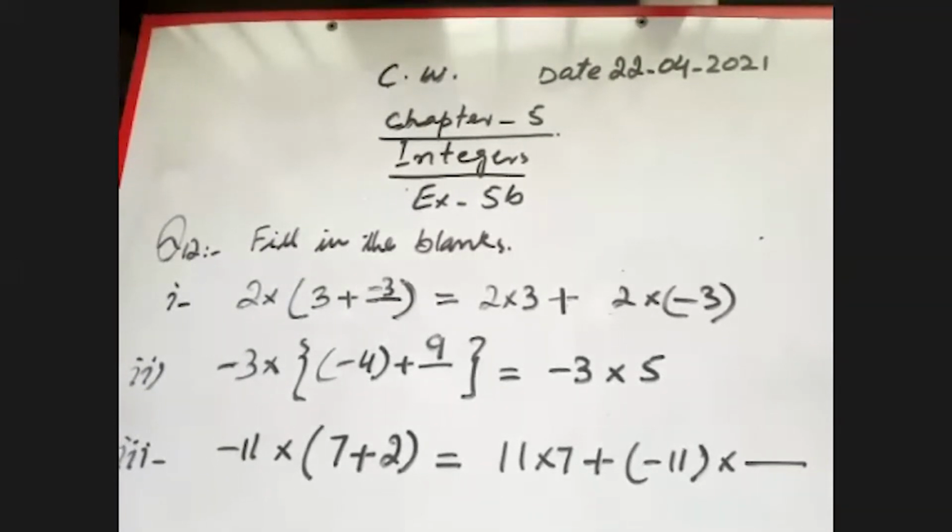So what is missing on the right hand side? Minus 11 into 7 is there on the right hand side, plus sign here, minus 11 into 2, which is missing on the right hand side.